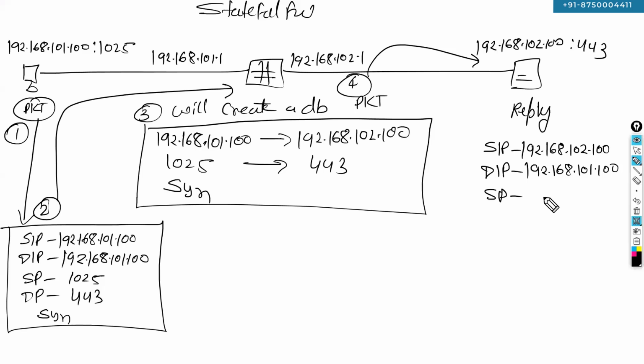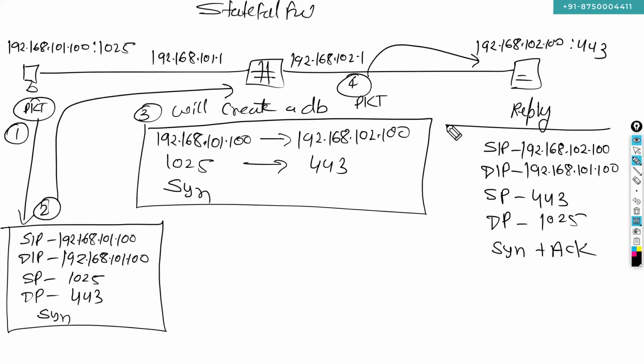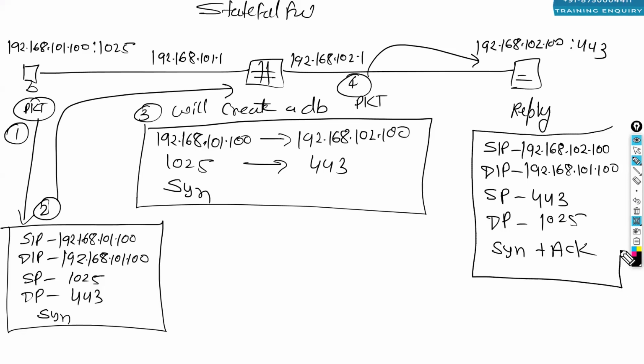Now the source port will be reversed. Source port will be 443, destination port 1025, and in response to the SYN, the server will send SYN plus acknowledgement. Such a packet will be generated by the server, and the server will send this packet to the firewall.